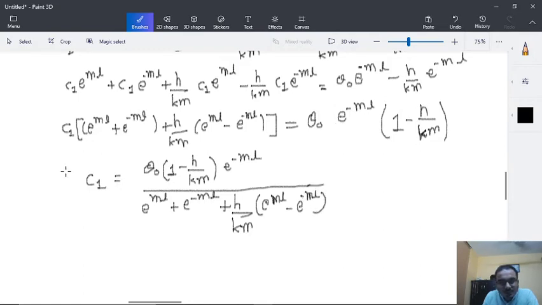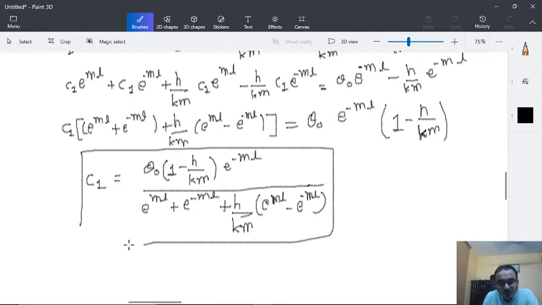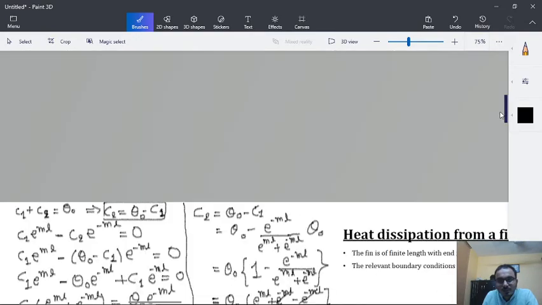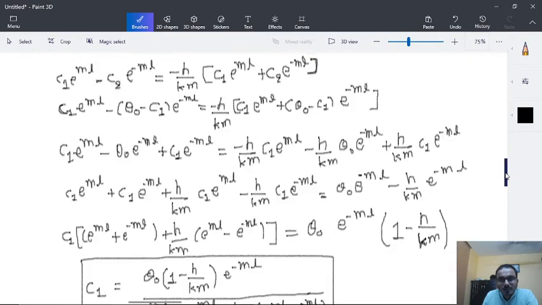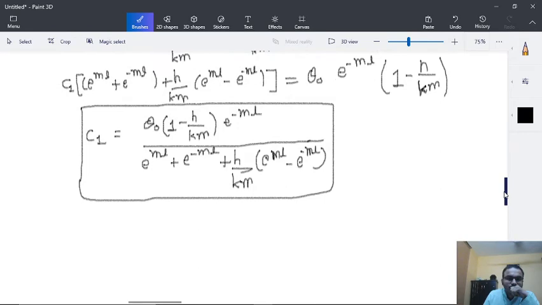So this is the value of C1 that we have obtained right now, and based on this we will be obtaining the value of C2.